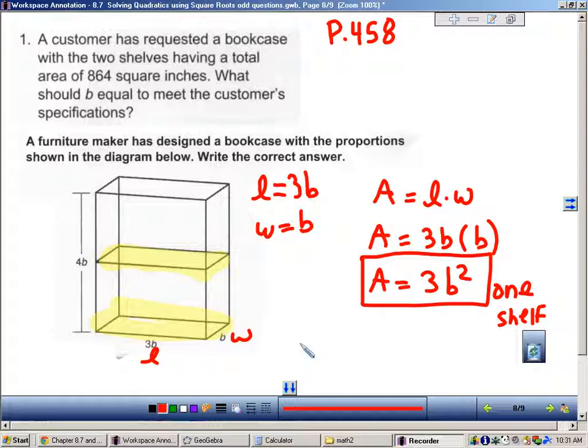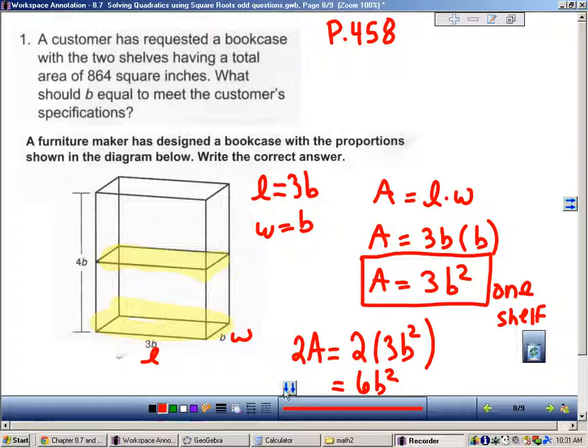So you can say to yourself, it would be 2 times the area, which would be 2 times 3B squared, which is 6B squared. Or, if that's not what you prefer, you can always say that it's 3B squared plus 3B squared.